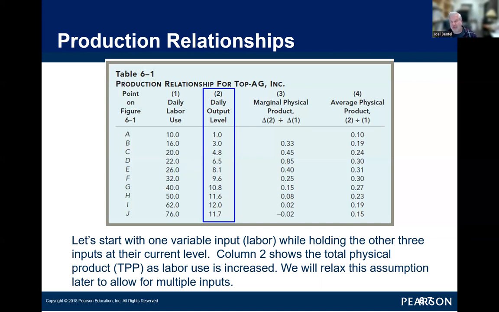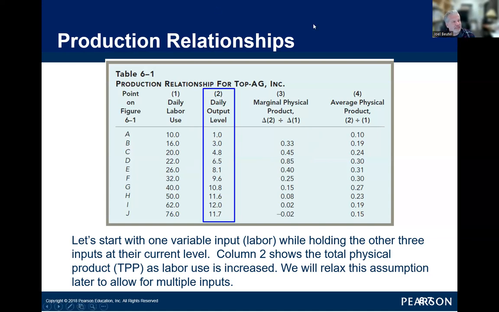Are you doing man days? Or are you using some other metric for measuring your labor? So let's just assume this is the hours of labor used per day. So if you have 10 labor hours, you get 1 unit of output. You have 16, you get 3. 20, you get 4.8.